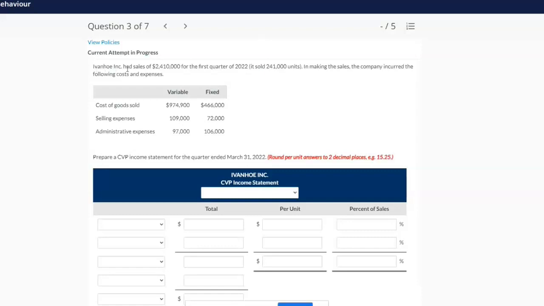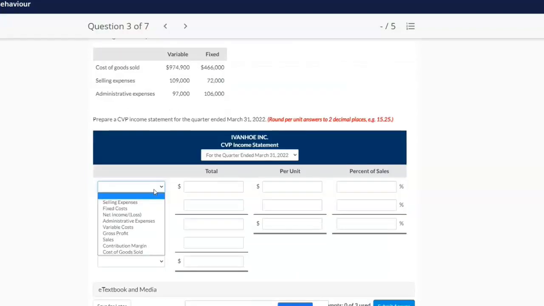Ovenho Inc. had sales of 2,410,000 for the first quarter of 2022. It sold 241,000 units. In making the sales, the company incurred the following costs and expenses. Prepare a CVP income statement for the quarter ended March 31, 2022.